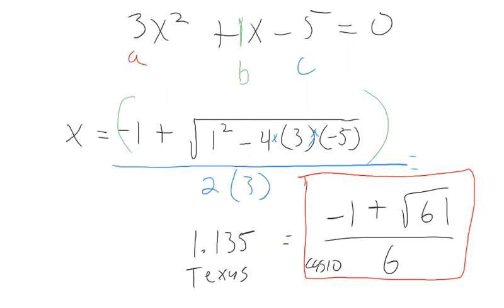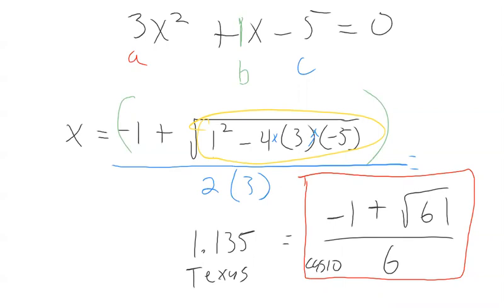But I can show you how real quick, it's not bad to do this. So if we just solve what's under the square root, I get 1 minus 4 times 3 times a -5. Now I get 61. So there is the square root of 61.